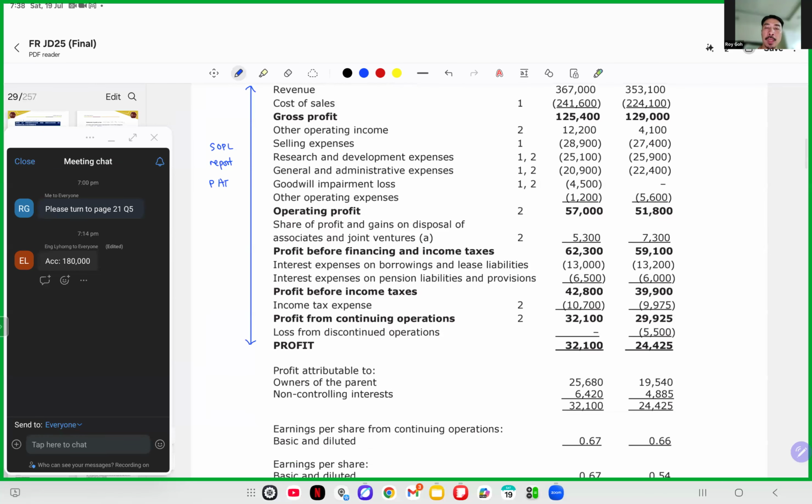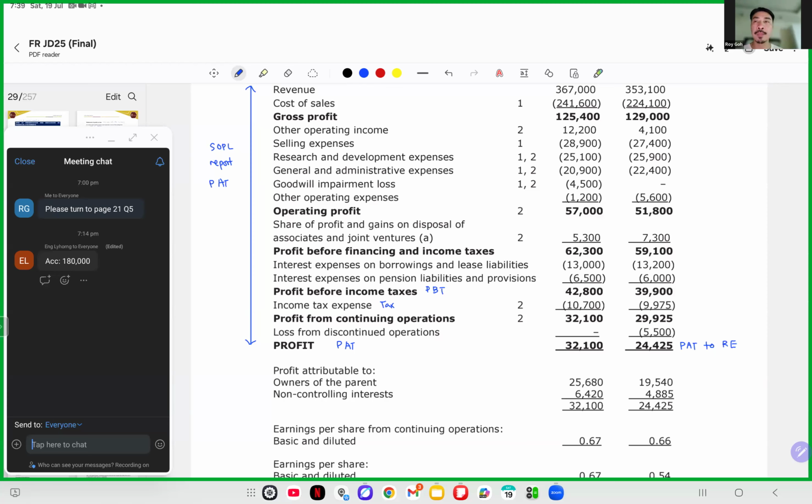When I say profit before tax minus tax, I get profit after tax. So what's the big deal? PAT in the SOPL must go to the retained earnings on the balance sheet.